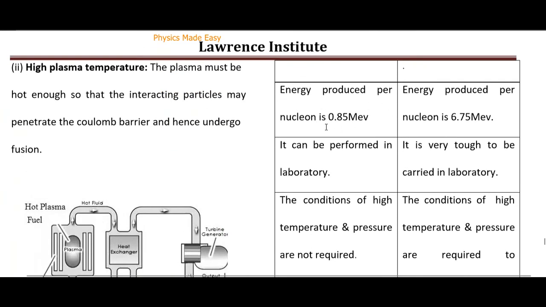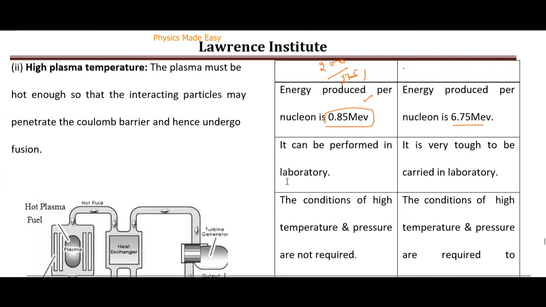Energy produced per nucleon in fission is very small. This is 0.85 MeV. How we arrived at this figure is you just divide 200 MeV released in nuclear fission by 235 nucleons. We get this much. And energy produced per nucleon in fusion is very high.